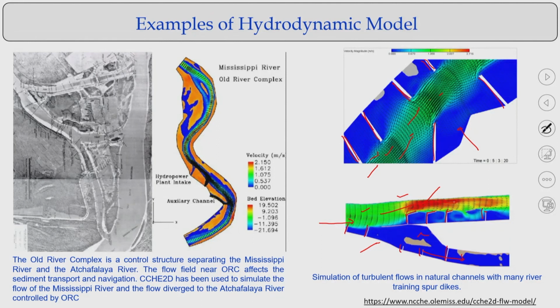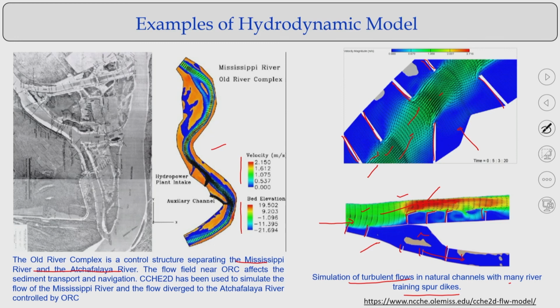In the same way, a lot of studies have been done simulating turbulent flow in a main river with natural channels. This is the Mississippi River with two rivers and hydropower plants, and if you look at the velocity distributions and bed elevations, you can see how they vary.